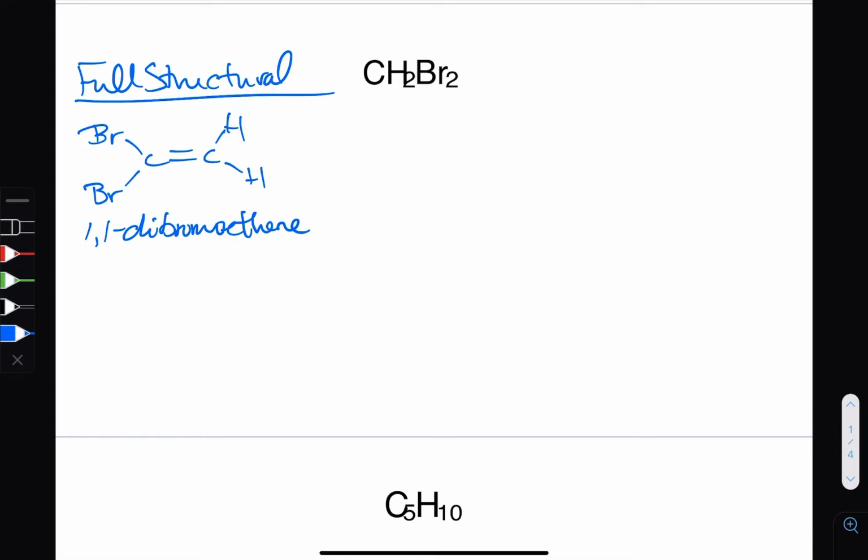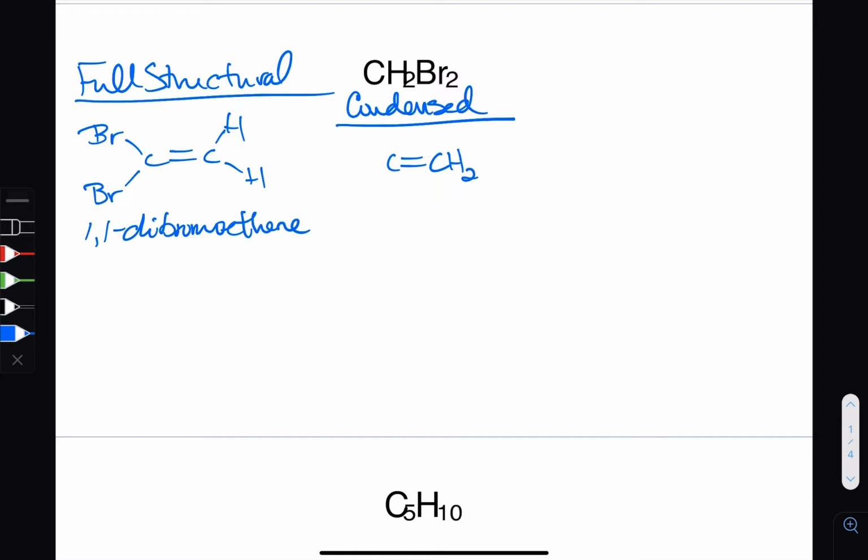Now, how would we do that for our condensed structure? Well, we would start with the double bond right there. So if you put carbon double bond carbon and then put H2 over here, that should make a lot of sense.